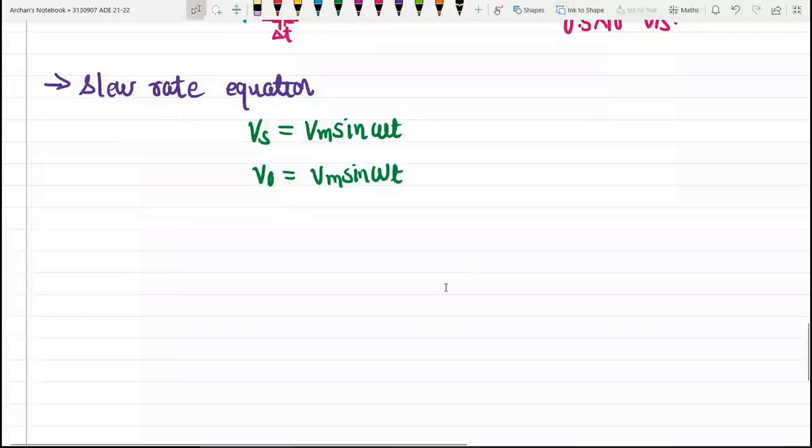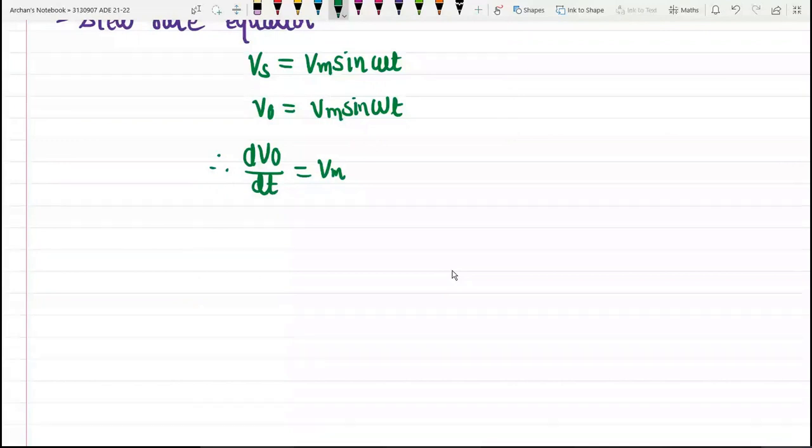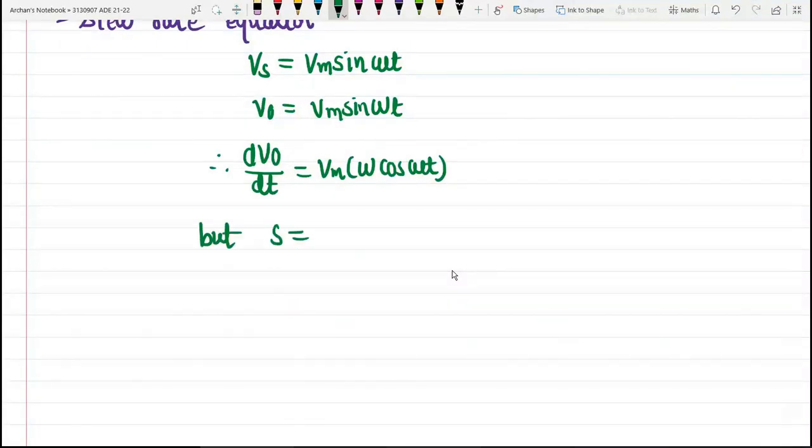Okay. Now, what is the rate of change of voltage with respect to time? So dV0 by dt is given by Vm omega cos omega t. Okay, but we know the value of S is equal to dV0 by dt, when the rate is maximum. Okay, now when will this rate be maximum?